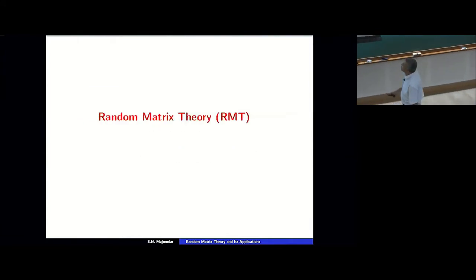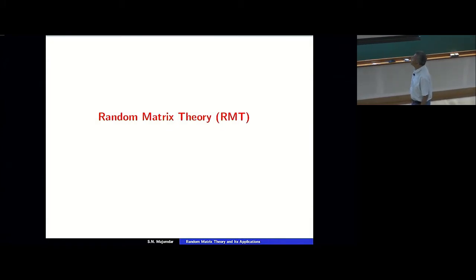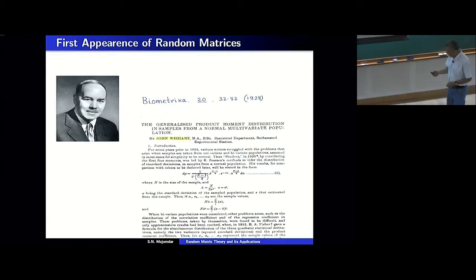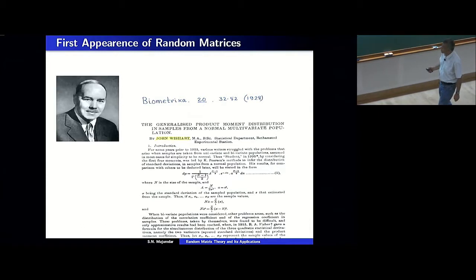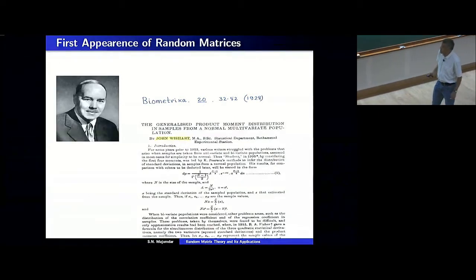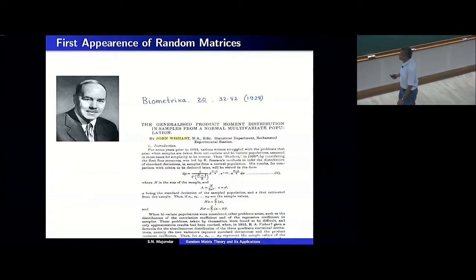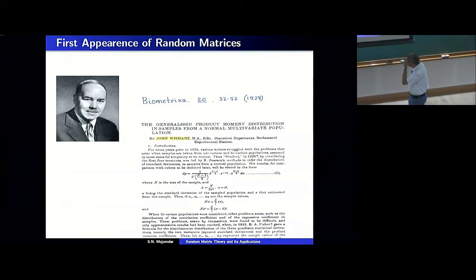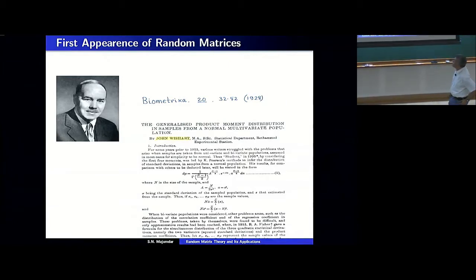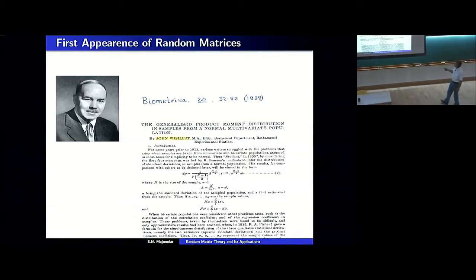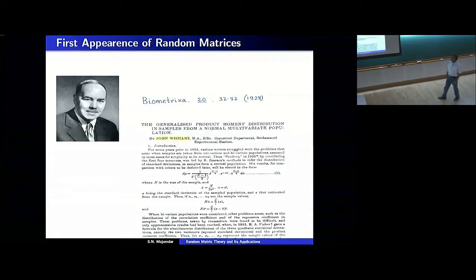Okay, so the first appearance of random matrix theory was by this gentleman called John Wishart. He was a statistician at Edinburgh University. And as you see, this paper first appeared in 1928, which is about 100 years later than Patrick Matthew, and 100 years back from now. And it appeared in a biology statistics journal called Biometrika.